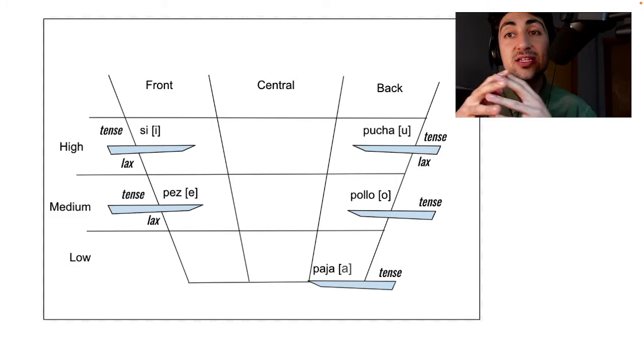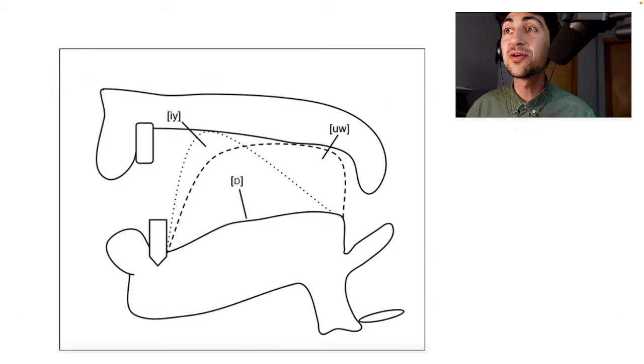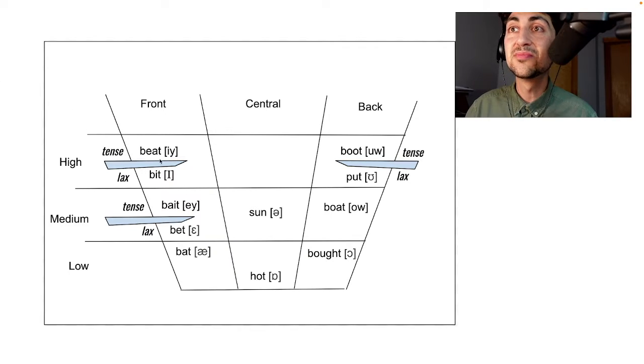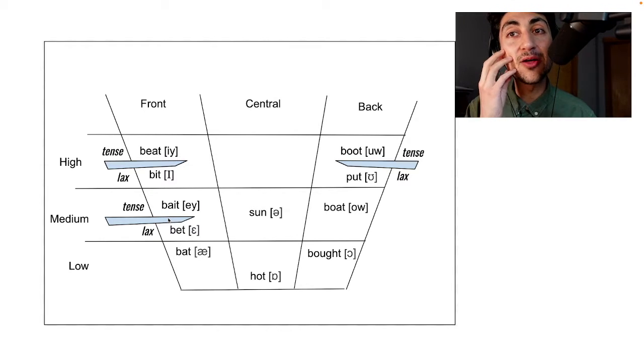Cada vocal es súper tenso. En inglés, ¿cómo vamos a ver esto? Mira, tenemos tense, tenso, relax, relajado, beat, eso es como tu sí, y bit. Esto es como relajado. This is like relaxed, bit. Or bait. My mouth is like "ay" versus bet.